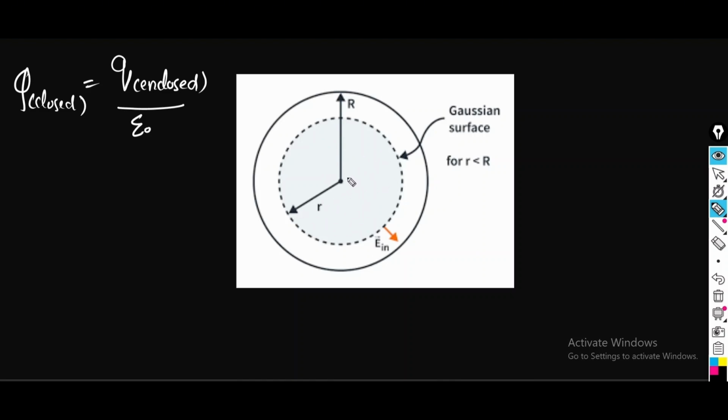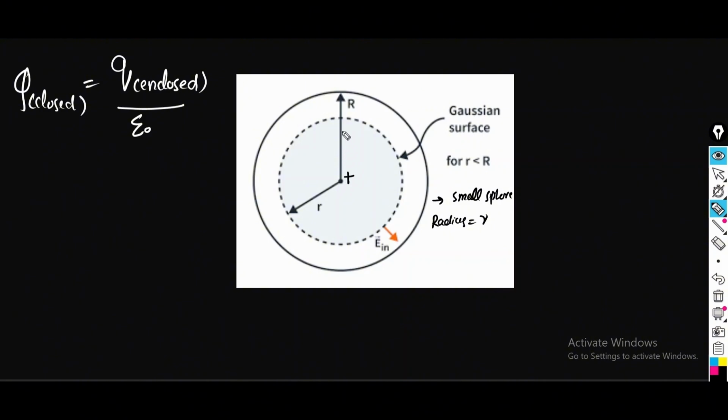So this is the positive charge which is present at the center, and this is a small sphere around that center positive charge, and the distance from the center to this sphere is r. In other words, we can say that the radius is equal to r. And now this is the large sphere, which I consider in the same way at a distance 2r from the positive charge at the center.